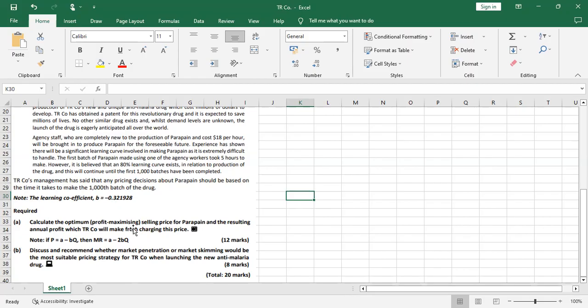Calculate the optimum or profit maximizing selling price for the parapain, and the resulting annual profit which TR will make for charging this price. Note that if P is equal to A minus BQ, then MR is equal to A minus 2BQ. So now we will attempt these first 12 marks.